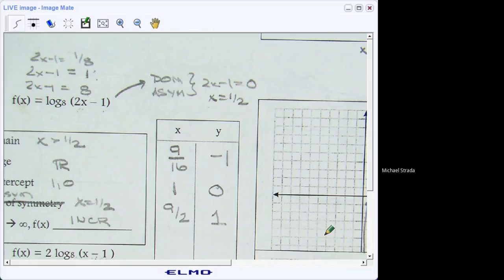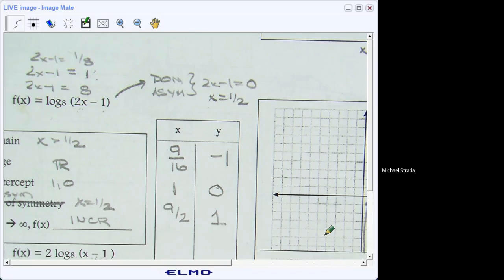When I set 2x minus 1 equal to 1/8, I add the 1 to get 9/8, I divide by 2, makes my first x 9/16. When I set 2x minus 1 equal to 1, I add 1, 2, divide by 2, brings me back to 1. That doesn't happen very frequently. And then when I set 2x minus 1 equal to 8, add 1, you get 9, divide by 2, you get 9 over 2. Feel free to leave it as an improper fraction, that's fine.